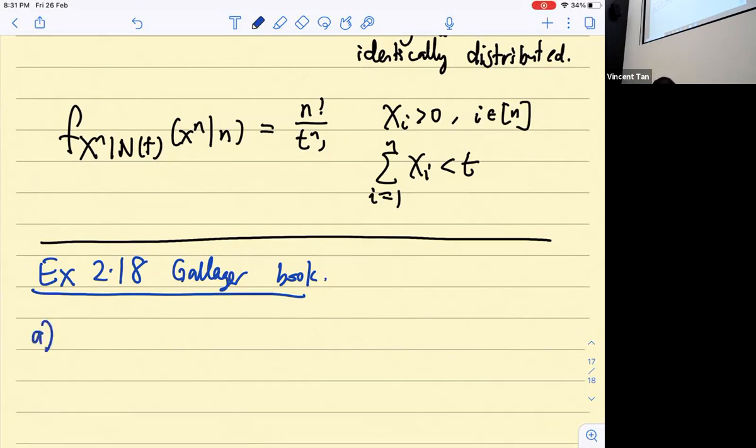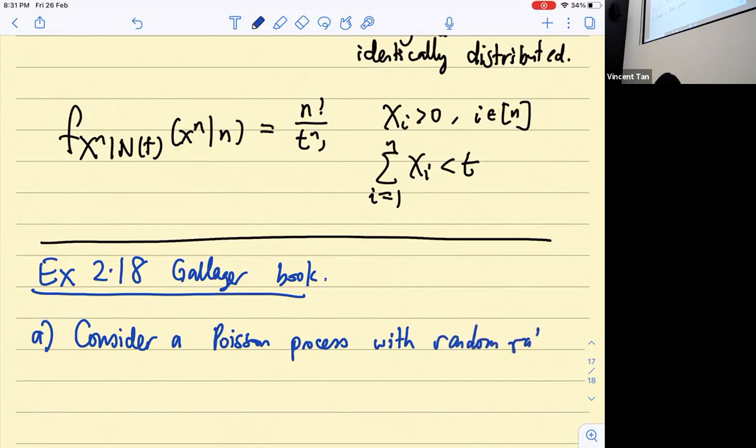Part A. So now consider a Poisson process. Whenever you talk about a Poisson process, we need to specify the rate. Usually our rates are little lambda, but I use this to denote capital Lambda.